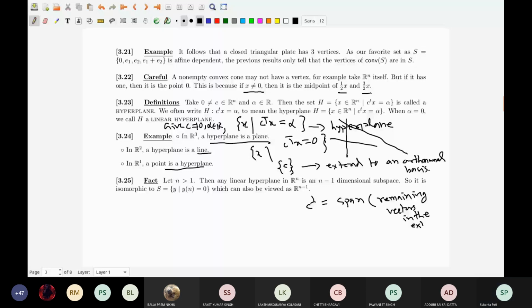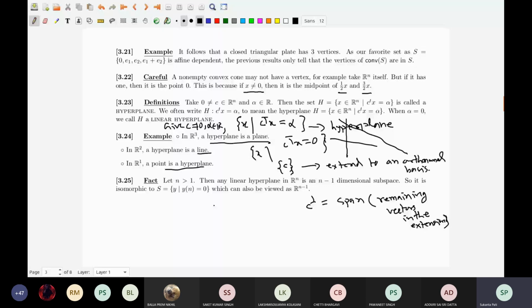And therefore it is isomorphic to Rn-1. Any two vector spaces over R which have the same dimension n-1 are isomorphic.